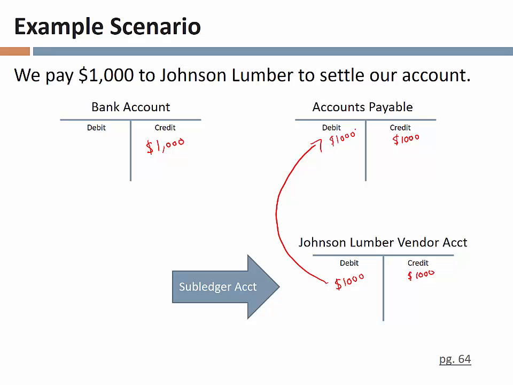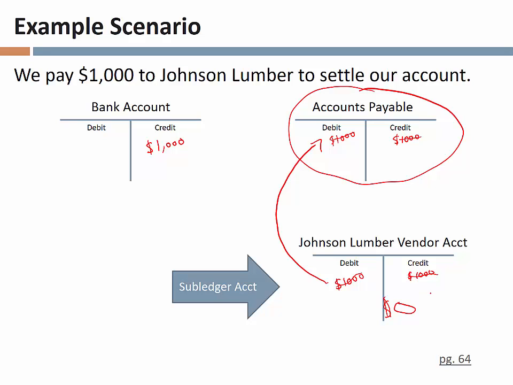Now, if you look at this scenario, what has now happened is, over here, my accounts payable says, hey, you don't owe anybody anymore because these $1,000 cancel each other out. And my Johnson Lumber account reflects that I owe Johnson Lumber $0 because they cancel out.